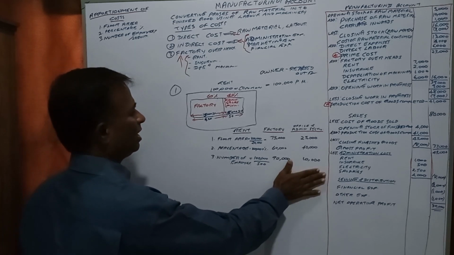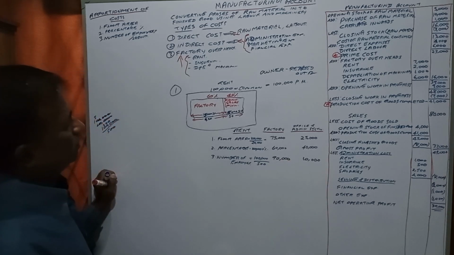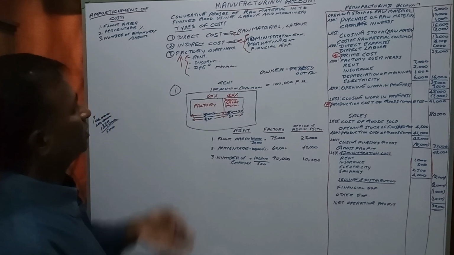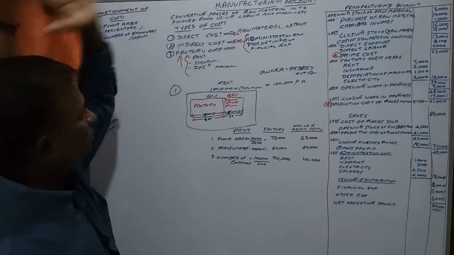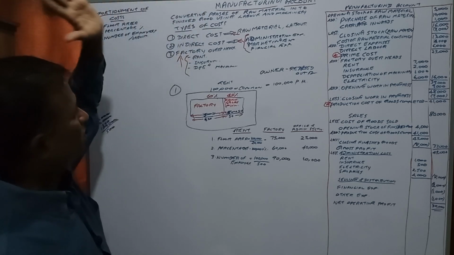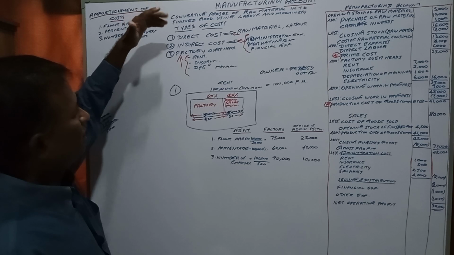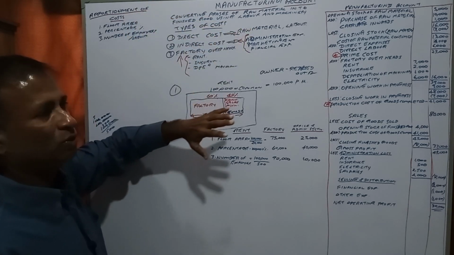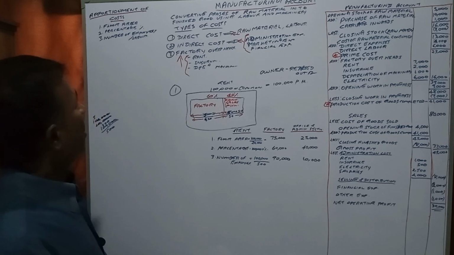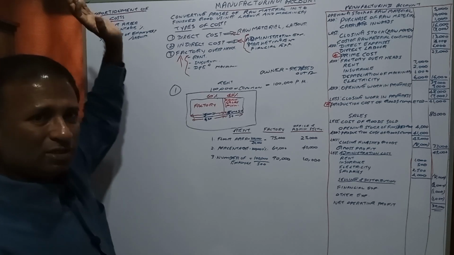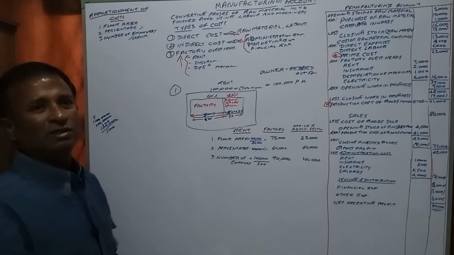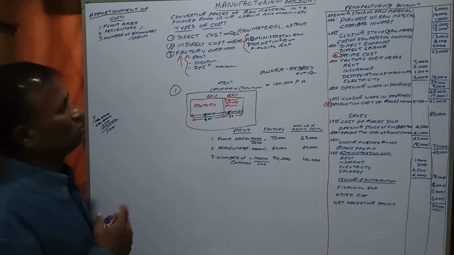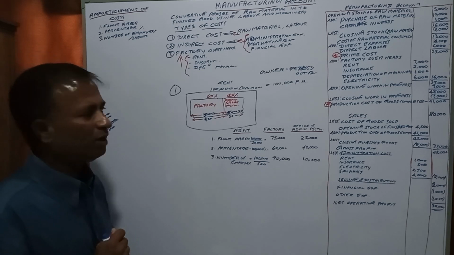So in this lesson I have explained to you what is manufacturing cost, what is the manufacturing account, what are the types of costs involved in the manufacturing process, and how to apportion the common costs involved in the production.